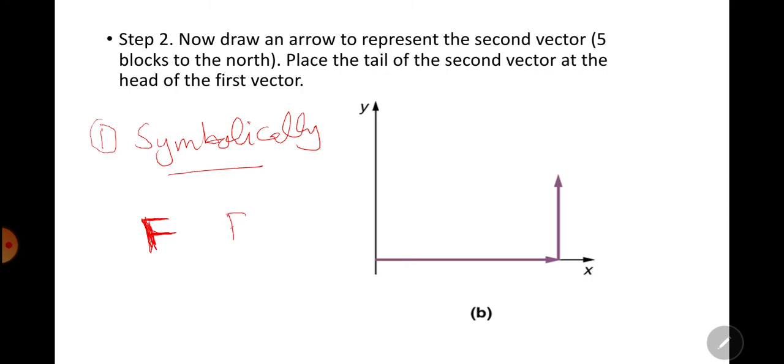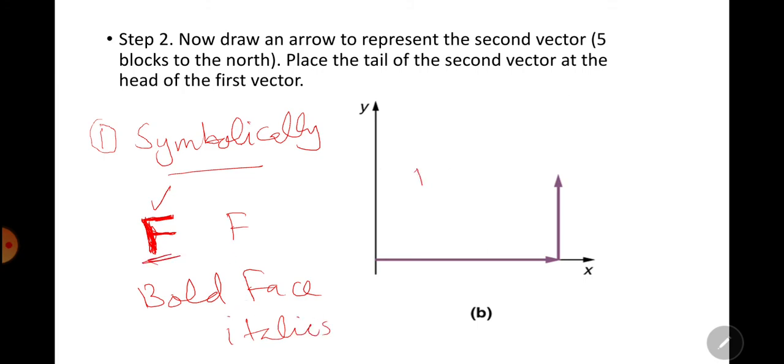If you write f, it does not mean that f is a scalar quantity, but if you write it with more ink, like this one, this is bold face italics. So it is a vector quantity.